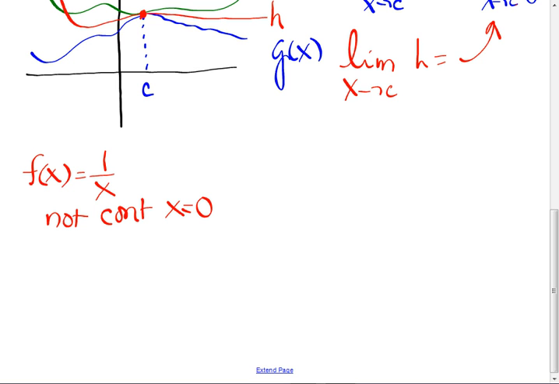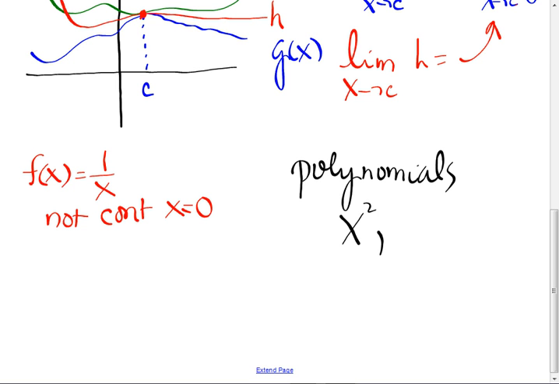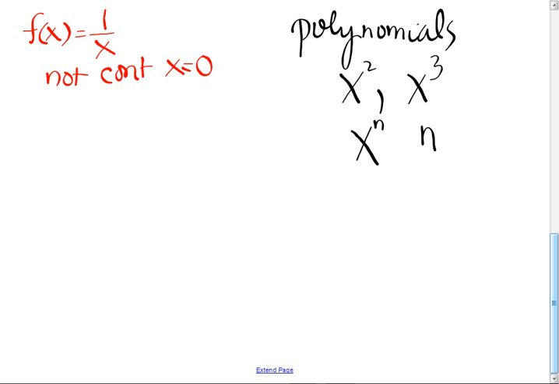What are polynomial functions? Do you guys remember what polynomials look like? We've been talking about them all year. X squared, x cubed, all those are polynomials. In general, it's x to the n, and n must be what kind of a number? It has to be positive. Can it be a fraction?